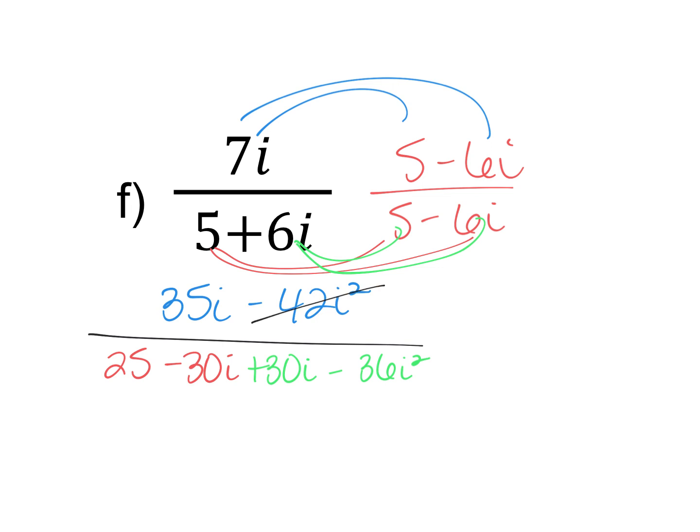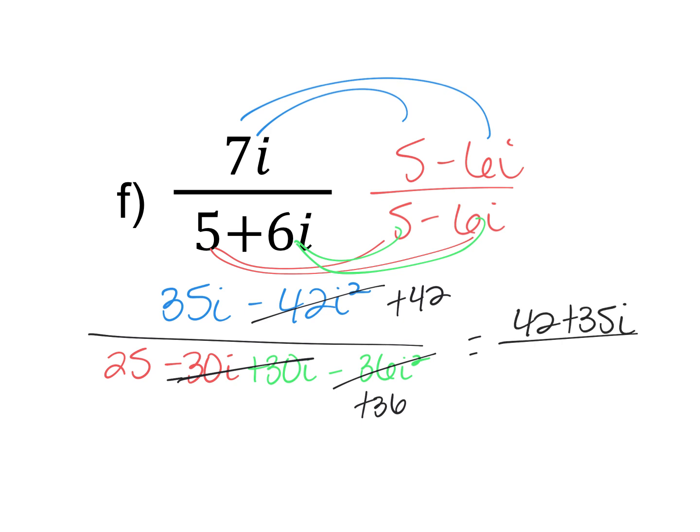Clean it up. That becomes positive 42, positive 36. Those cancel. Put it all together. You have 42 plus 35i over, what is that, 61, I believe. Okay, and I don't believe those can be reduced, so you are done.